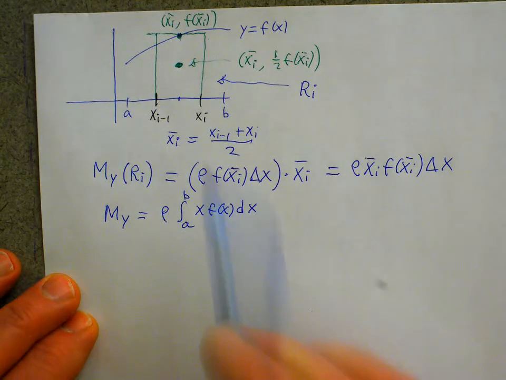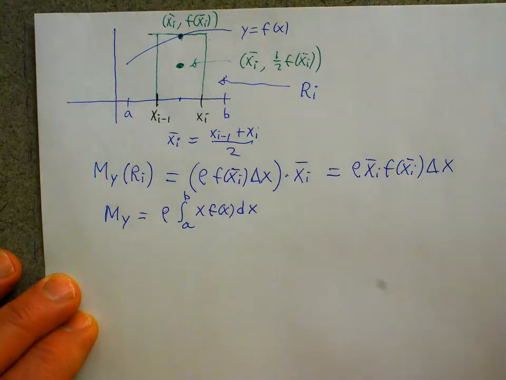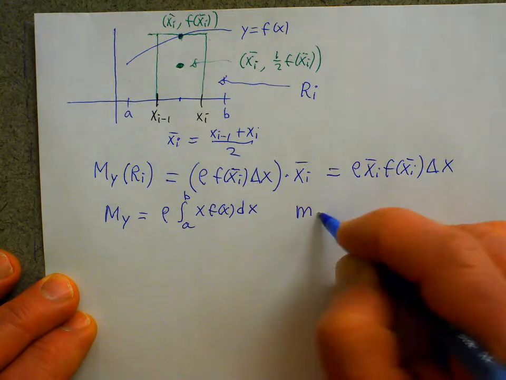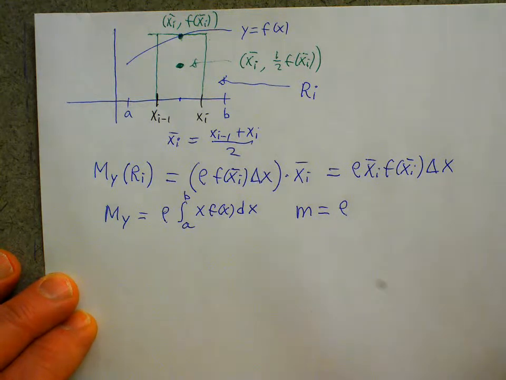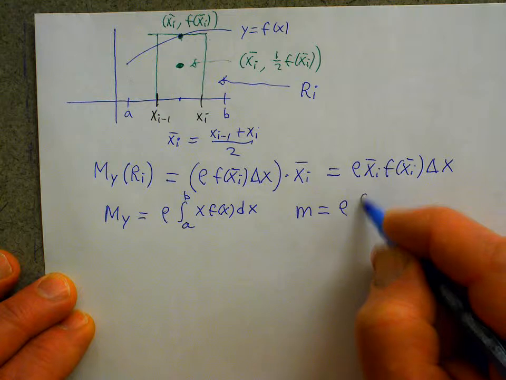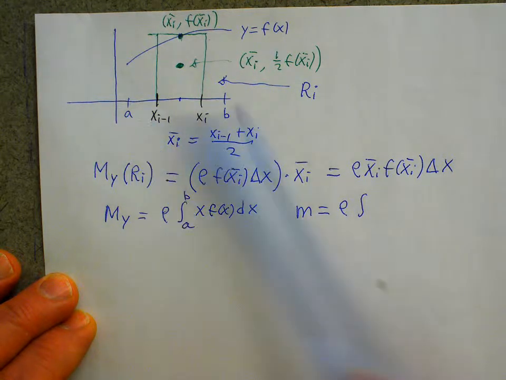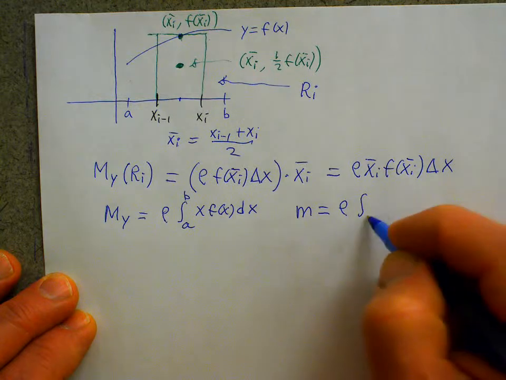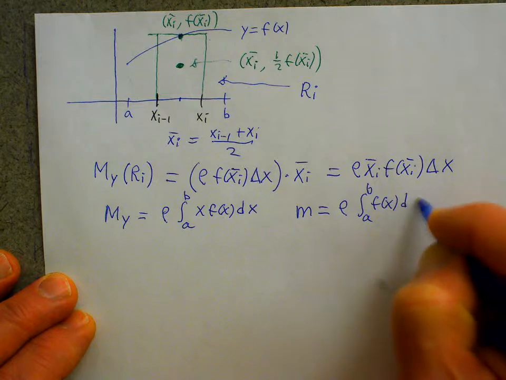The entire mass of the region is rho times the area of the region, and the area of the region below y equals f of x from a to b is just the definite integral of f of x dx, times rho.